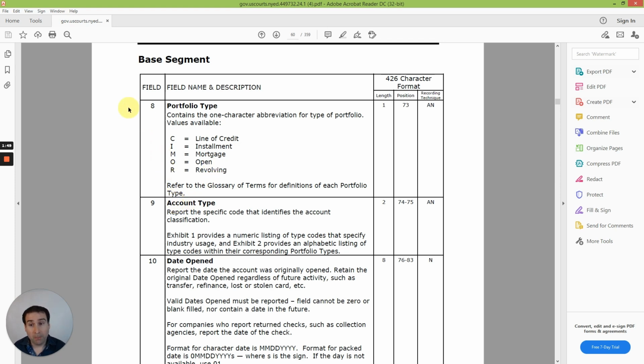So the portfolio type open basically defines a type of credit account that is essentially due on demand without any real payment terms. If you think of positive credit such as child support that's paid timely, or utility bills that are paid timely, those are examples of accounts that are considered an open portfolio.